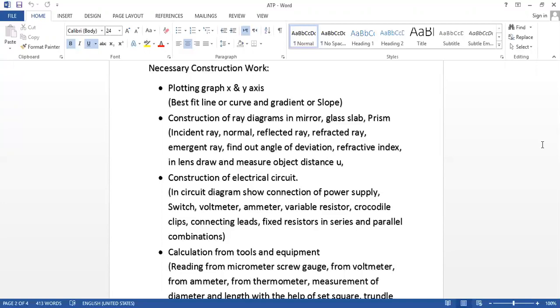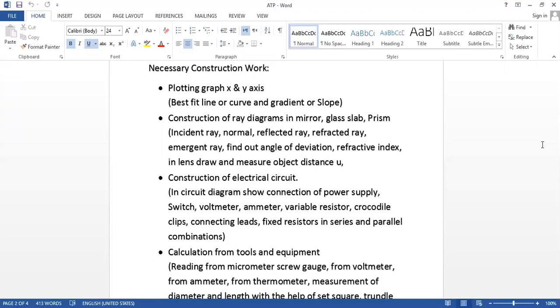No, you will draw an estimated line, and if you leave one point above the estimated line, you will leave the next point below the estimated line. So you will make an average line. This is called best fit line. Similarly, you will draw a best fit curve.